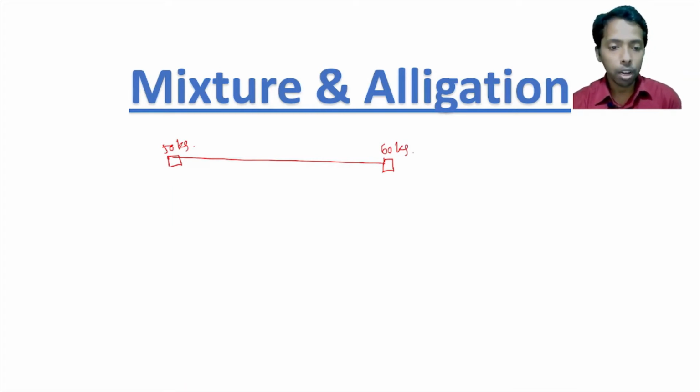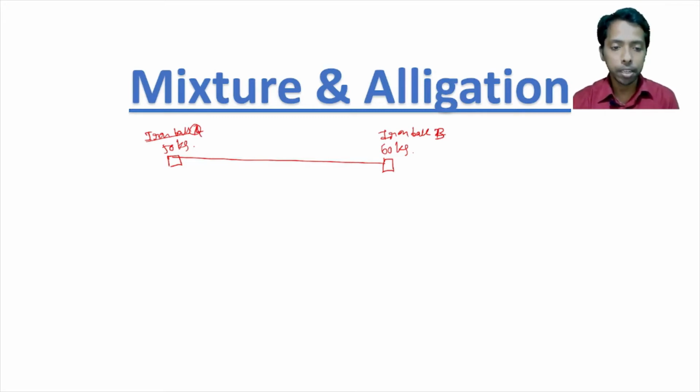Supposedly this is an iron ball, one is 50 kg, and this is also an iron ball, both are iron balls. Mark them as iron ball A and iron ball B so that we can avoid confusion.